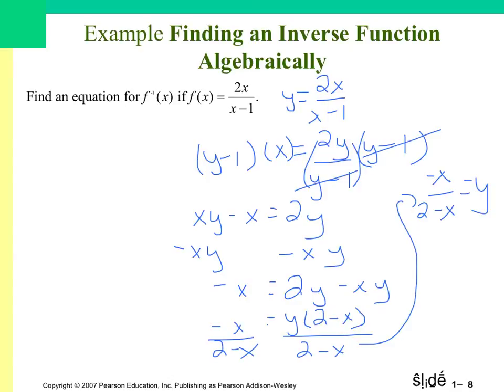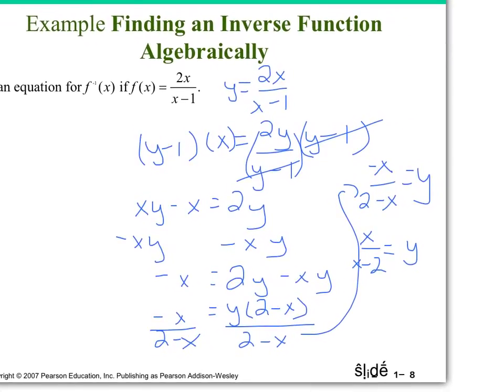Okay? Or you could have also gone another way and you would have gotten x over x minus 2. So the inverse here is x over x minus 2. So to find the inverse, you switch the x and y, and solve for y.